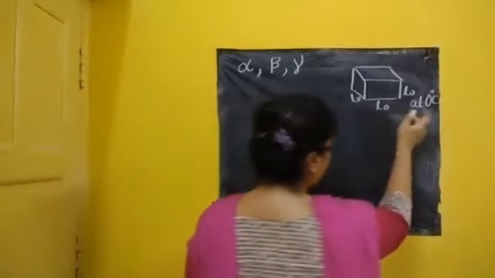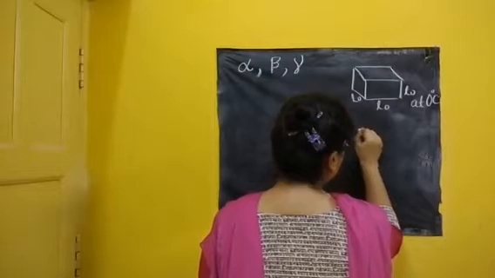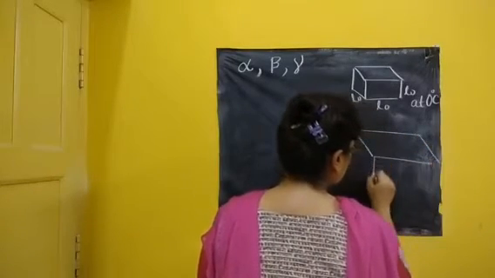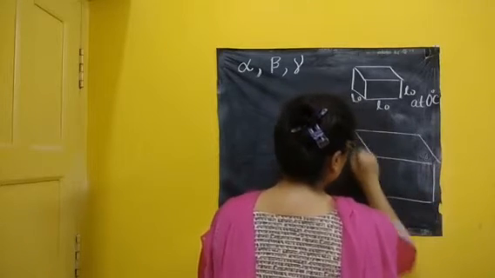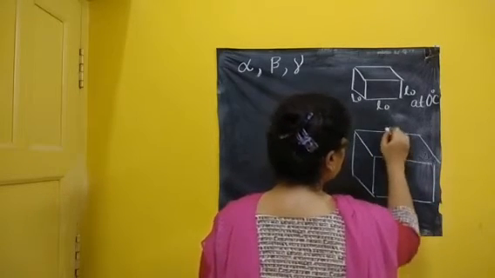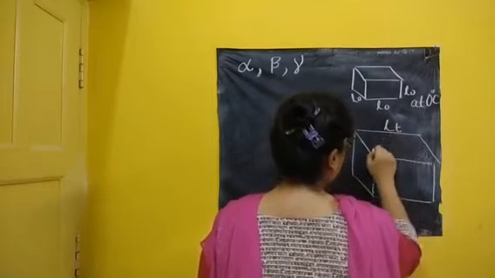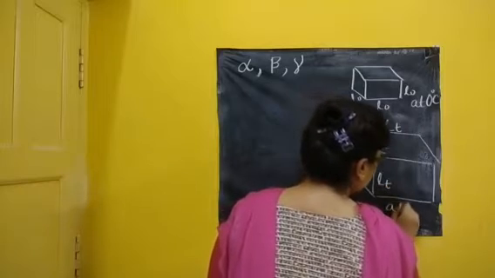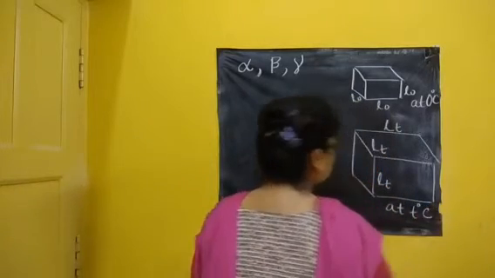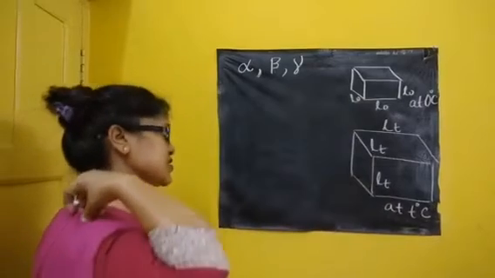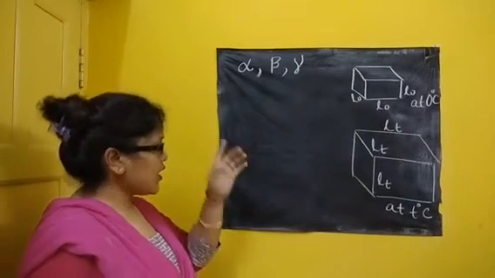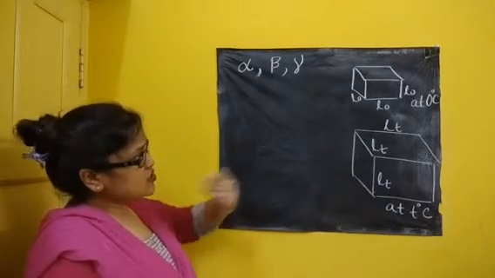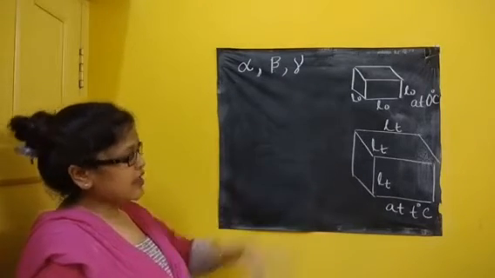So at T degree Celsius, suppose the cube looks like this, whose length is LT, breadth is also LT and height is also LT.